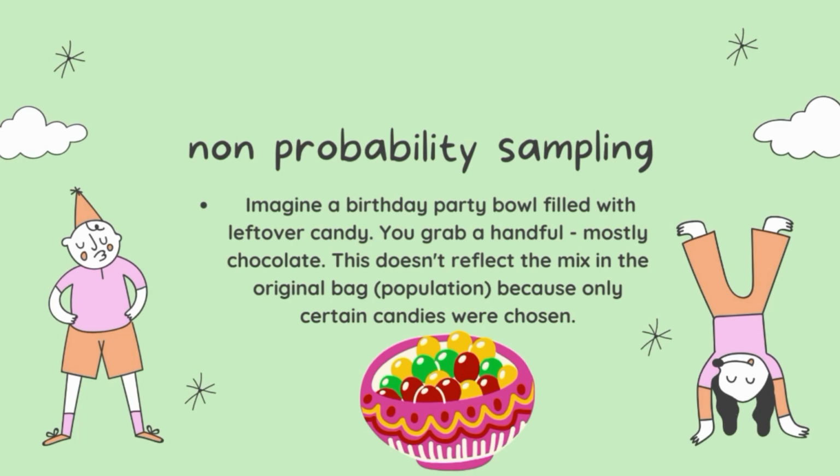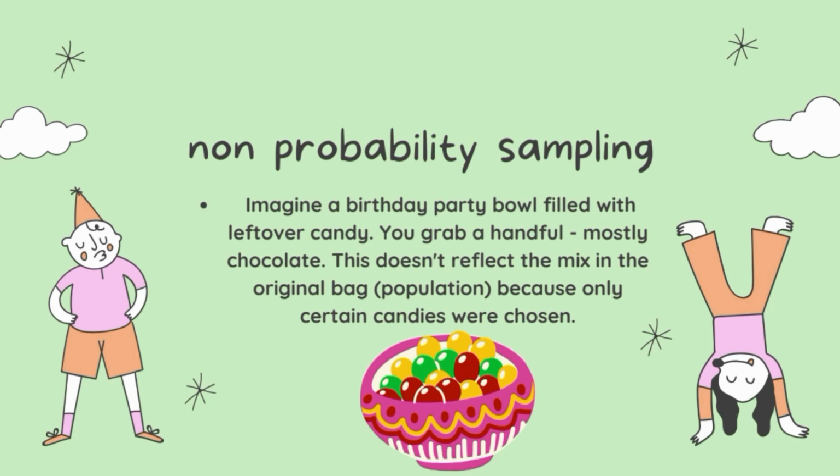This doesn't reflect the mix in the original bag or population because only certain candies were chosen. From this bowl of candies, you choose whatever you like, maybe the chocolate or the gummies. This is not based on randomization. You are purposefully taking the candies you like most.